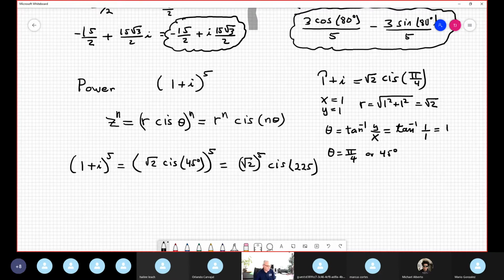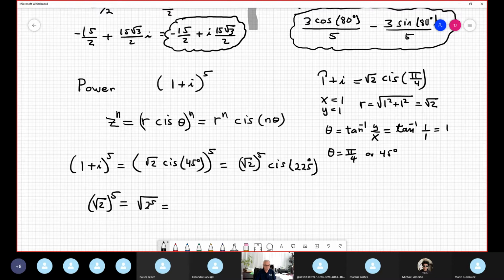Now the complicated part, let me see. This is in degrees. I need to simplify a little bit. For example, radical 2 to the 5th power is equivalent to radical 2 to the 5th power, so we can interchange the power here.